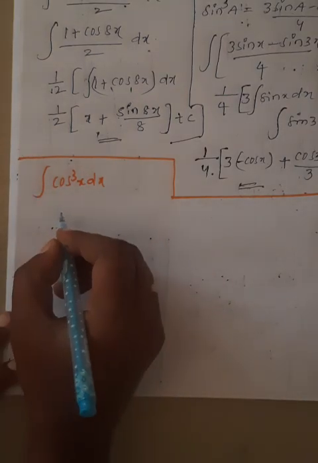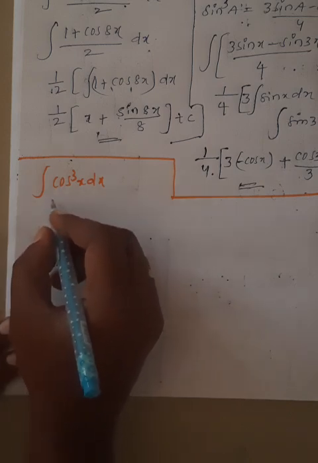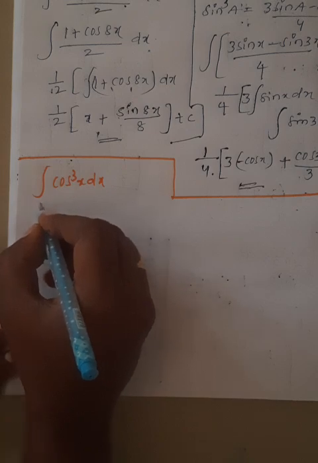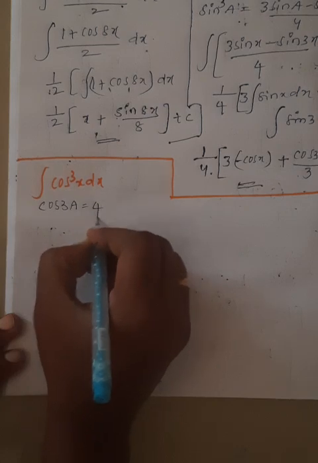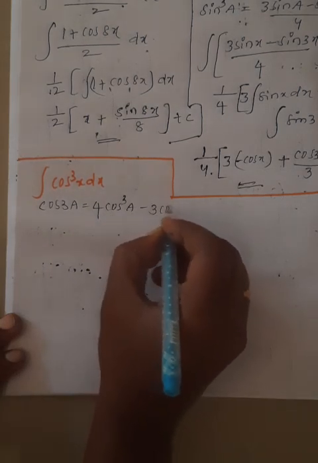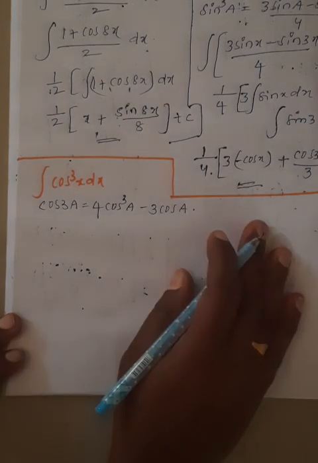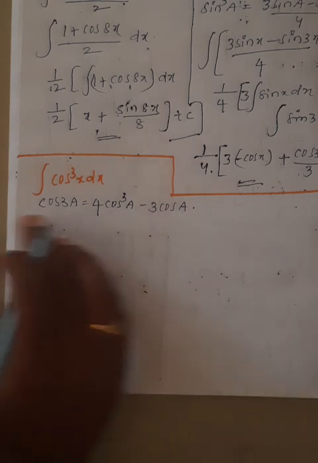Similarly, we can solve cos cube x in the above process. So for cos cube x, we have to take cos 3a. Cos 3a is equal to 4 cos cube a minus 3 cos a. So here we have to bring this 3 cos a to the left side.